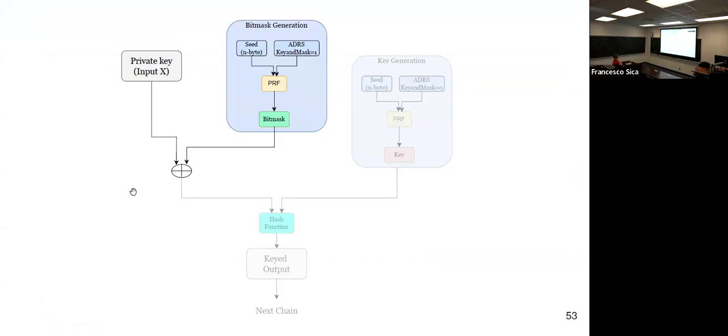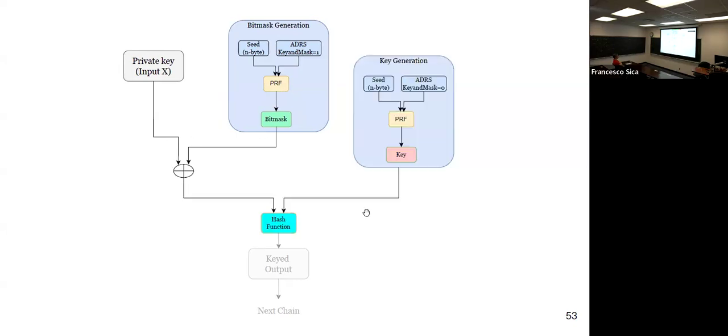So let's talk about the chaining function in the WOTS process. The chaining function is central to WOTS. It takes an input as a starting position and the number of iterations, and it also creates a bitmask with a pseudo-random function, and then they are XORed together.